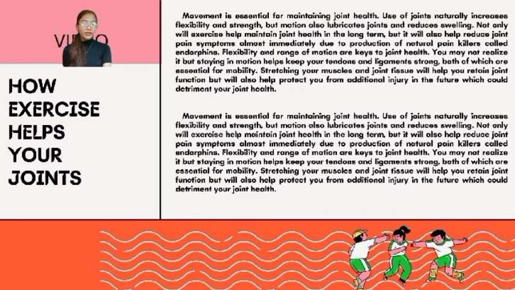Use of joints naturally increases flexibility and strength. But motion also lubricates joints and reduces swelling. Not only will exercise help maintain joint health in the long term, but it will also help reduce joint pain symptoms almost immediately due to production of natural painkillers called endorphins.